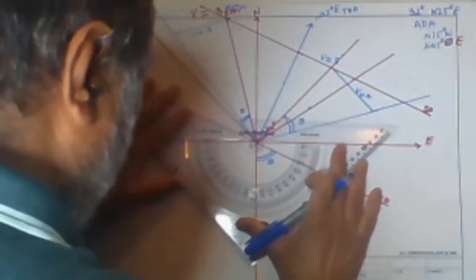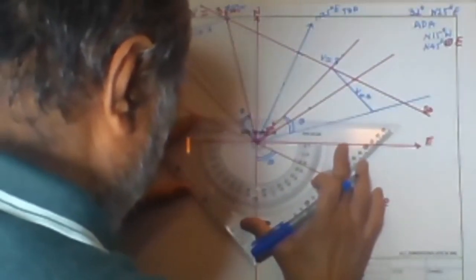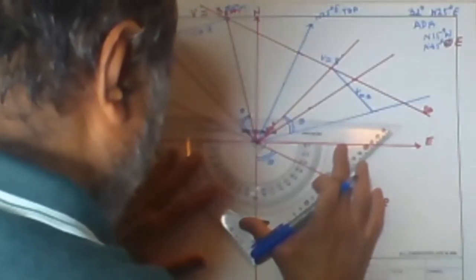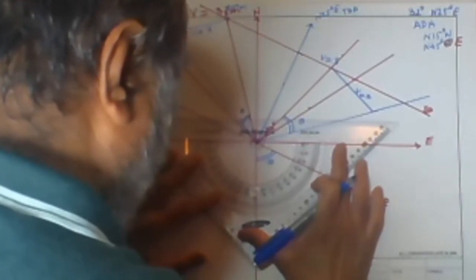So you see how much you are going to get the psi. 10, 20, 30, 40, 50, 60, and this is the 65.